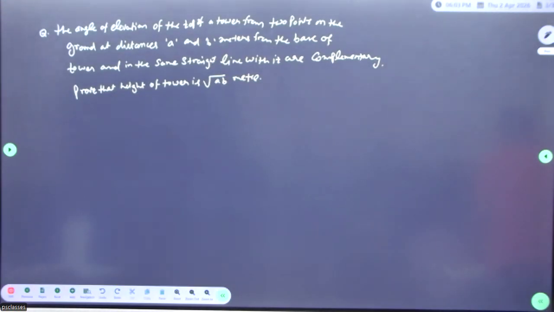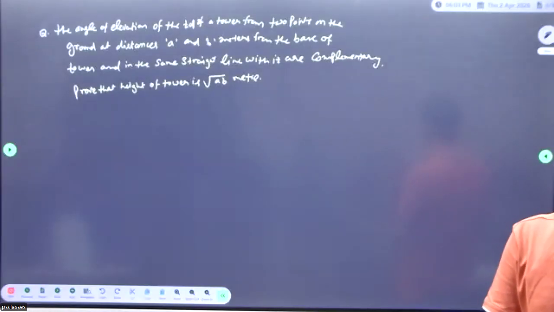It's not there. Root AB. Okay, then do this. Write this question. The angle of elevation of the top of a tower from 2 points on the ground at distance A and B meters. Rishi, this one.